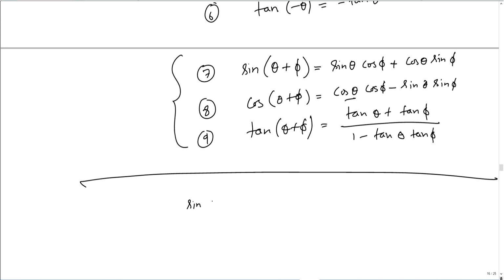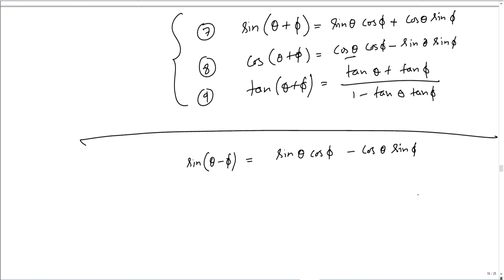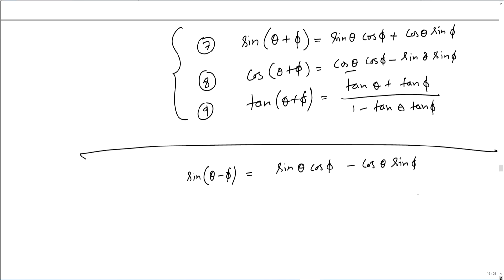Can you prove this identity? Sine of theta minus phi equals sine theta cos phi minus cos theta sin phi. Okay, this is a simple one. So let us give it a try.